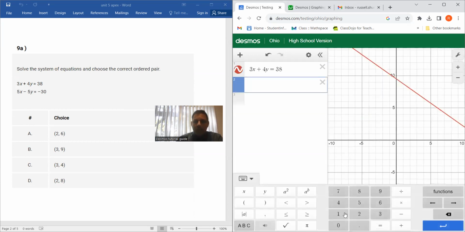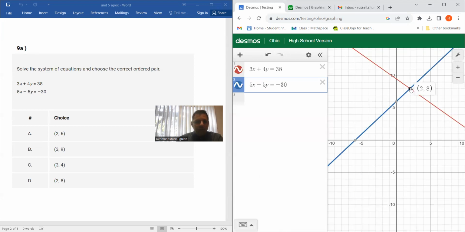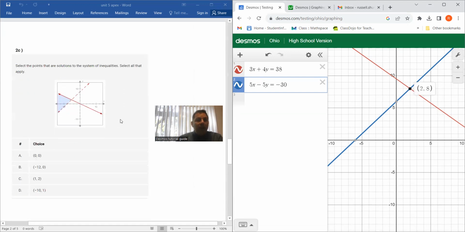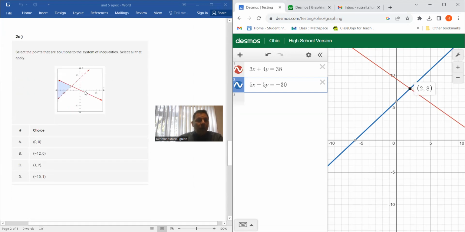Just put them both in. Let's see where they cross. And our solution is the intersection. And there it is. 2, 8. We select 2, 8. What's really nice is Desmos can do this for solving inequalities as well.